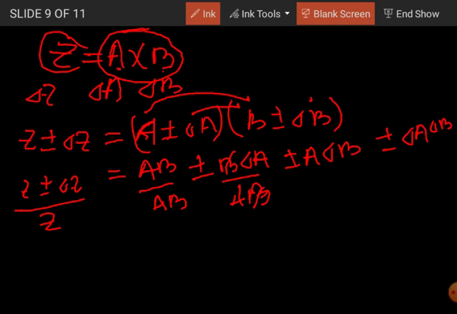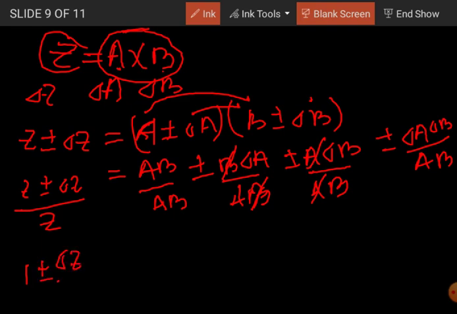And if you divide it here by a into b, after cancelling, you will have only b, so it will be cancelled like this. So when you divide z by z, you will get 1 plus minus delta z by z. On the right hand side, ab cancels, so it will be 1 plus minus delta a by a plus minus delta b by b.